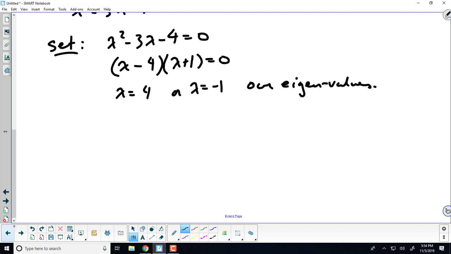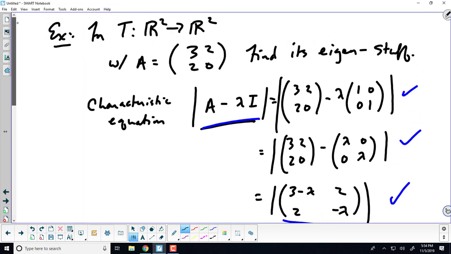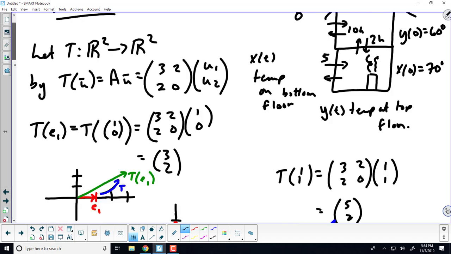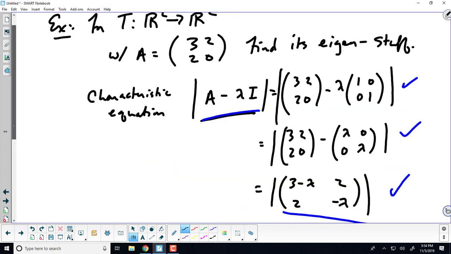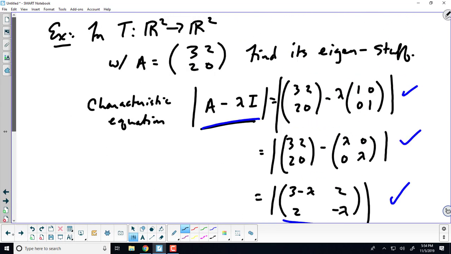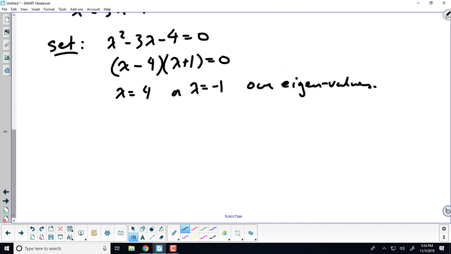Now that we've got our eigenvalues, we can go back to this expression right here to come up with our eigenvectors. So going back to that, we've got A minus lambda I times the vector V, our eigenvector, and we need this to come out to be the 0 vector.